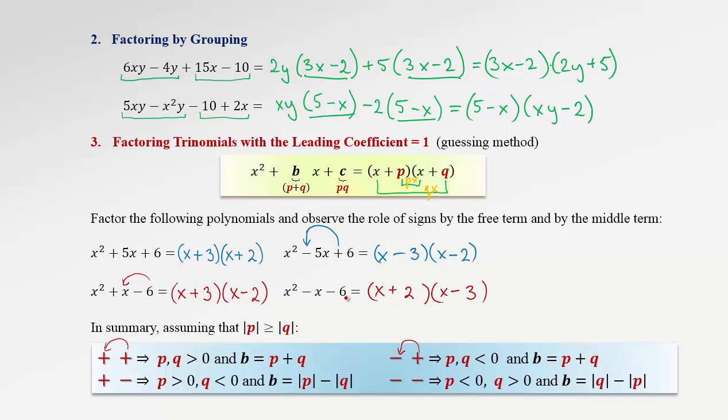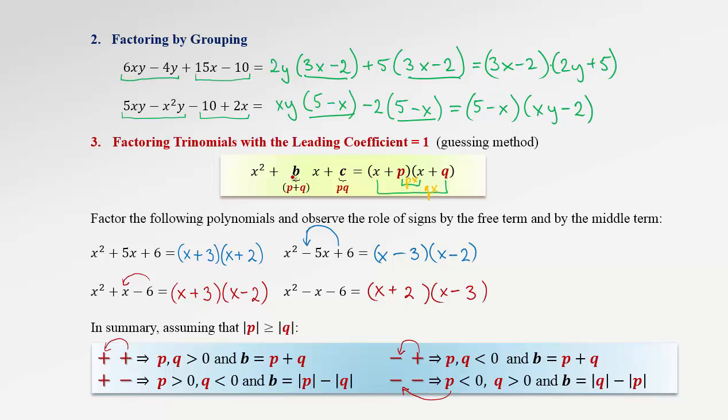In the last two cases though, if the product is negative, then the two numbers that we're looking for are of different signs. And if the middle term is positive, it tells us that the number with larger absolute value is positive and the other one is negative. In the other case, if the middle sign is negative, it tells us that the larger number comes with the negative sign, with this middle sign, and the smaller number is positive.